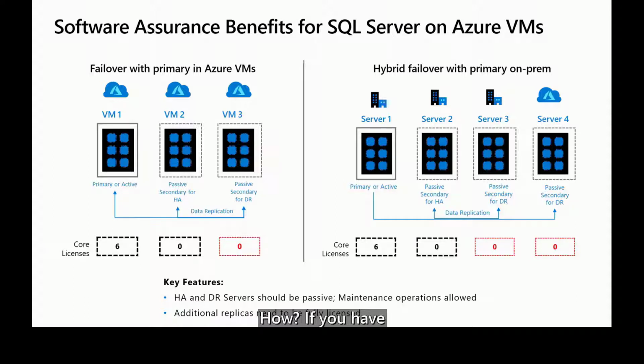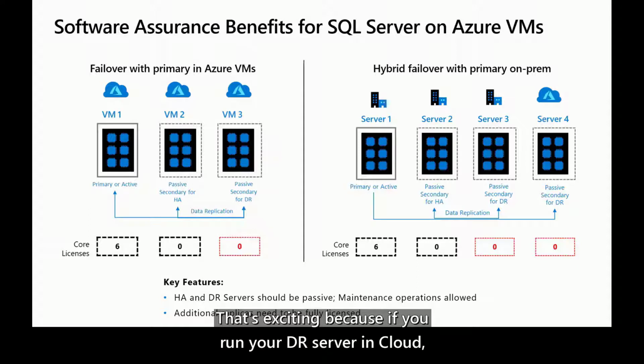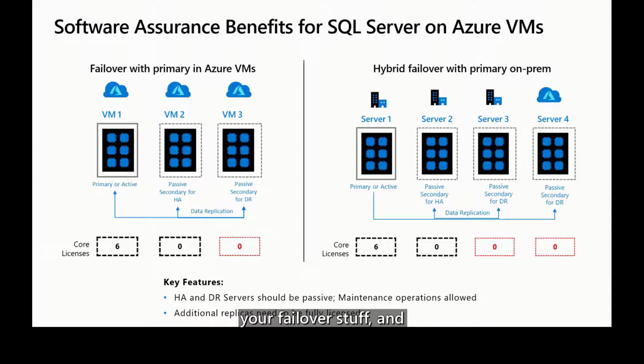If you have software assurance and you are running your primary in your on-prem data centers, you can run your DR instance in Azure for free. That's exciting because if you run your DR server in the cloud, you can test your databases and your failover, and your journey towards the cloud will be extremely easy.